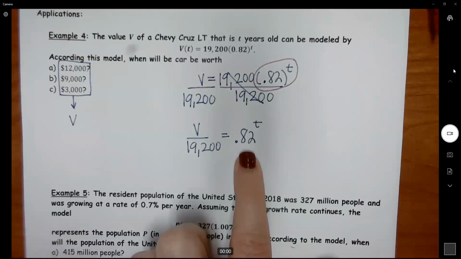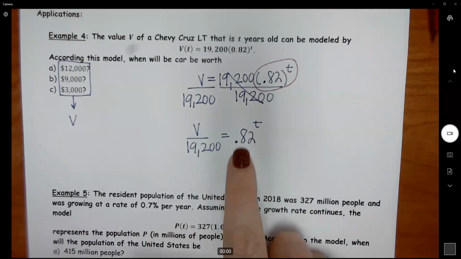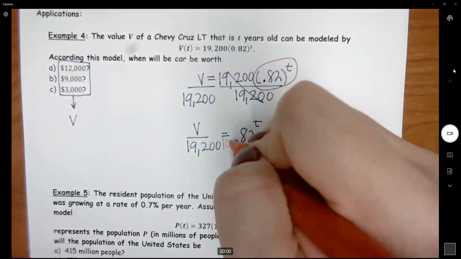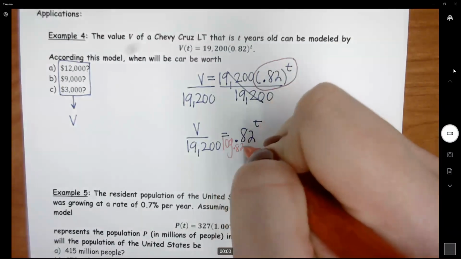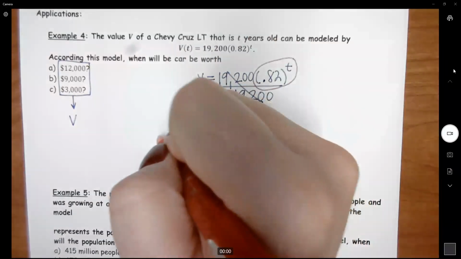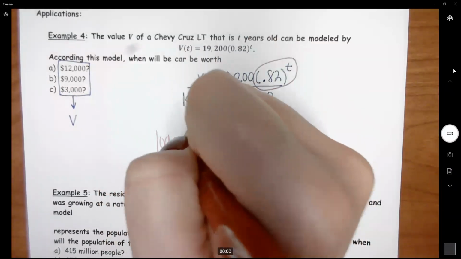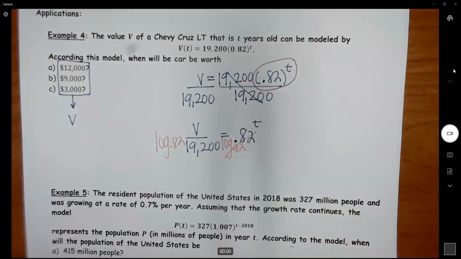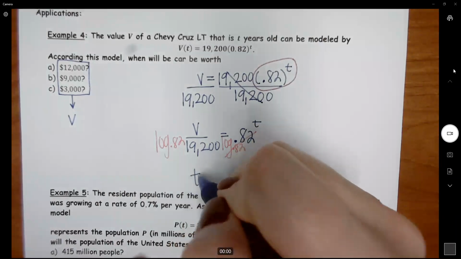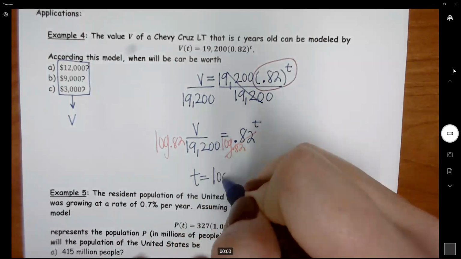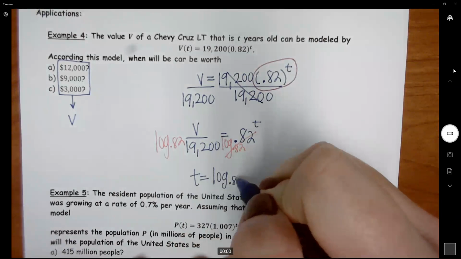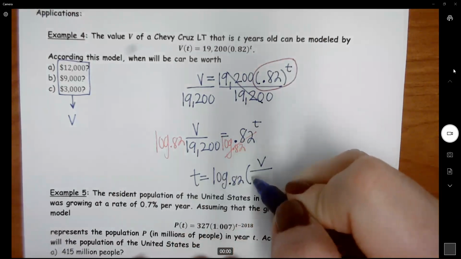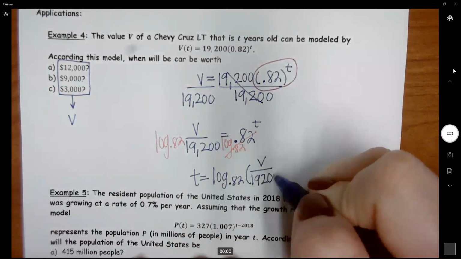If I want to get rid of an exponential with a base of 0.82, I am going to take a log with a base of 0.82 of both sides. So that cancels, and now I just have the exponent, which is T. I'm going to get T equals log base 0.82 of V over 19,200.